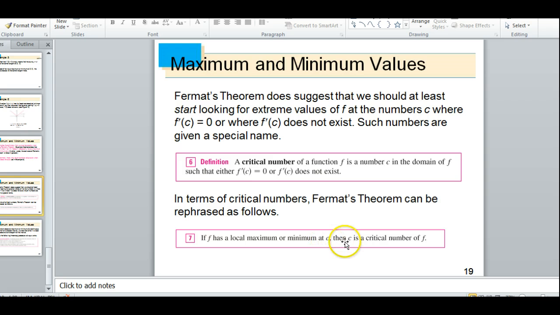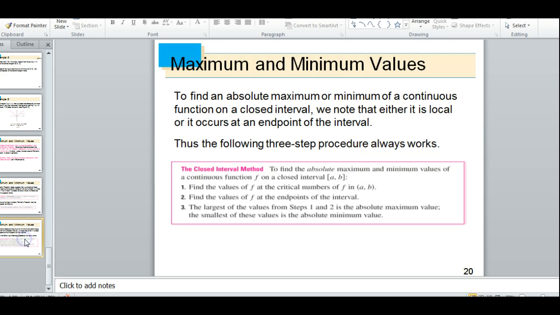If we have one, then that x is going to be a critical number of f. So not all critical numbers are going to end up being minimums or maximums, but definitely when we have a minimum or a maximum, it happens at a critical number. So they happen at a number for which the derivative is 0, or it may not exist.